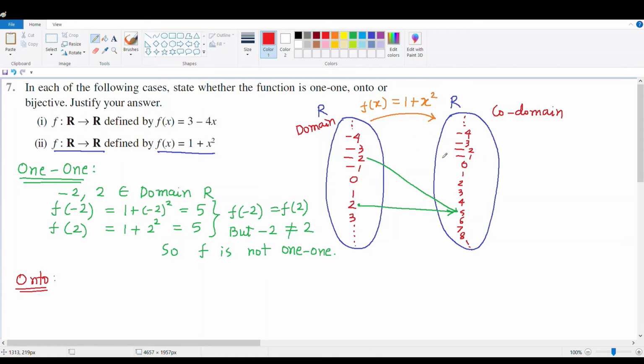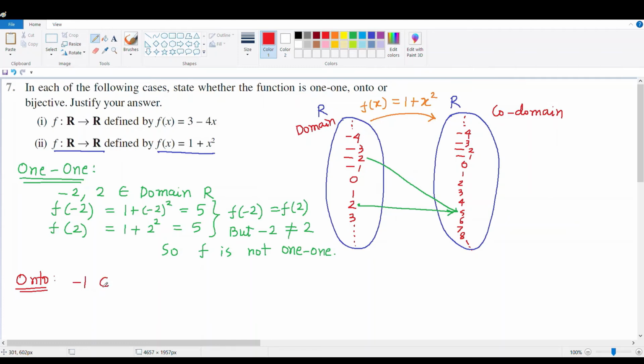And that does not mean that only negative numbers. There are infinitely many numbers on the positive side of the real numbers as well that don't have a pre-image in this domain. But we just need to show one counter example. If that example shows that it is not onto, then the function is not onto. So we are just going to go with negative 1.